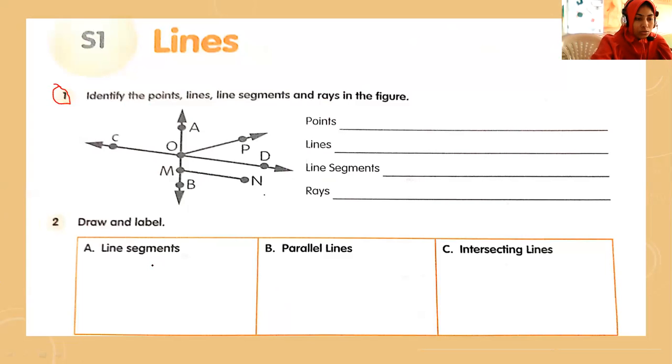Question number 2 is about A, line segment, B, parallel line and C, intersecting line. I'm drawing a parallel line here. You will do the line segment and intersecting line by yourself. You have to label it.